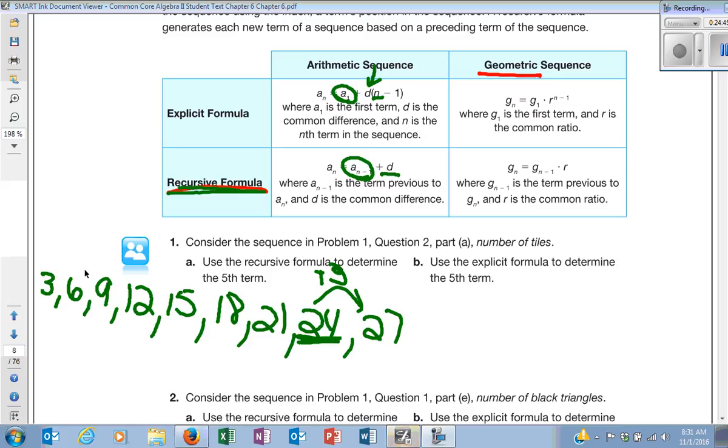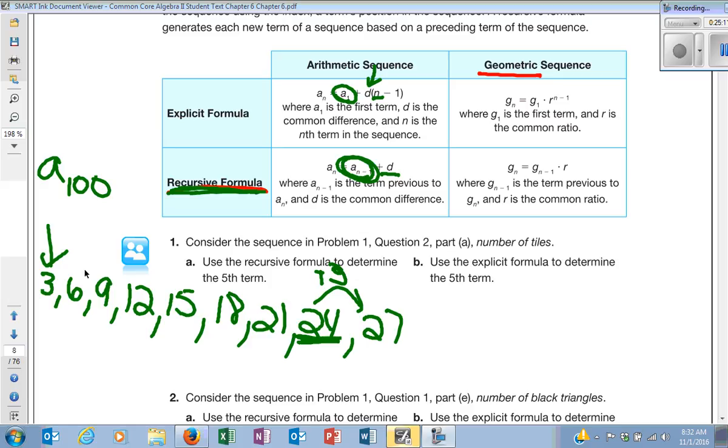What does the recursive formula require you to have, though? The term in front of it. Do you get what I'm saying? So here's the reason why I don't think the recursive formula is as awesome. For this one right here, using the recursive formula, I want the 100th term.